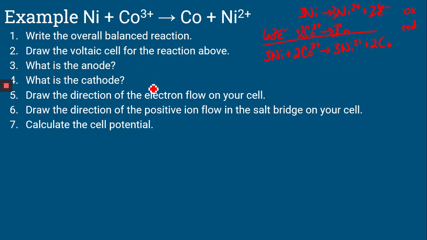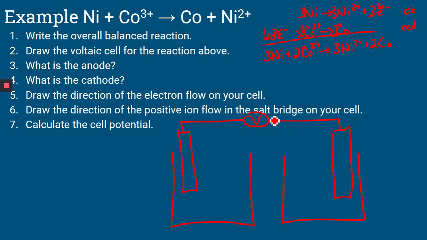So to draw the cell, remember the key things that you have to have in your picture. You need 2 half cells. You need 2 electrodes, which are the solids. They need to be connected by a wire, which is where our electrons are going to flow.